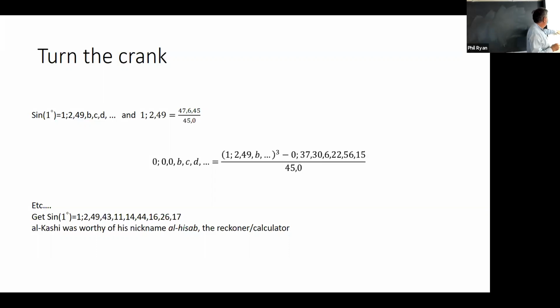He died around 1426. If you remember in the first slide that I showed you, there were tables that were every 1 minute. They were based off his work.